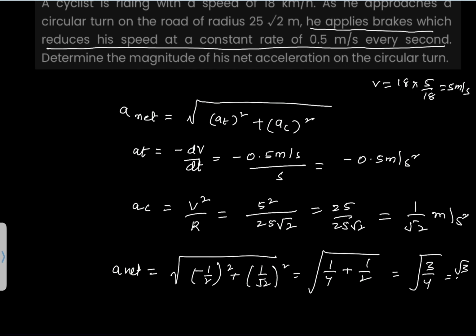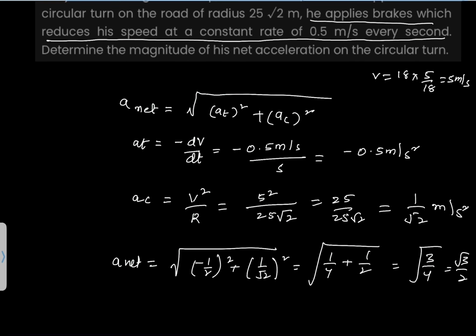Finally, root 3 by 2. Even if it's asking for decimal, you can do it. Root 3 is nothing but 1.7, so 1.7 by 2, somewhere around 0.88 or 0.89, something like that, we can get the answer. So I'm just leaving it as it is. A net will be root 3 by 2 meter per second square.